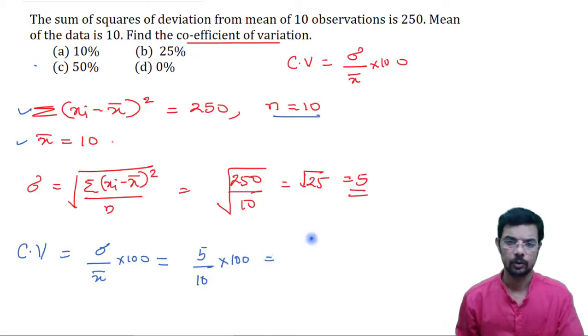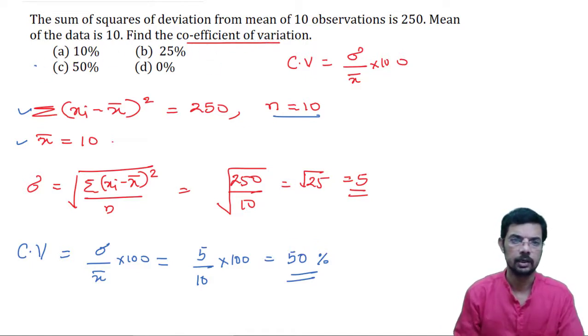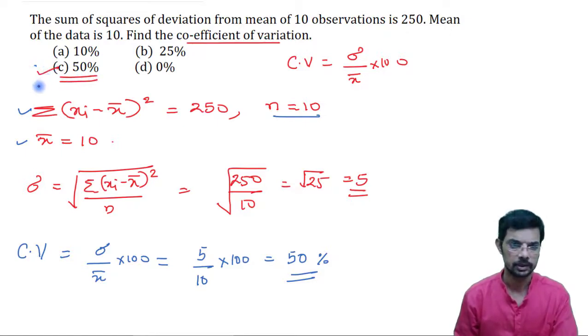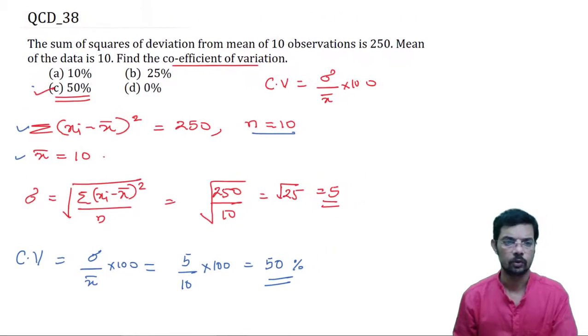So that will be equal to 50%. The coefficient of variation is 50%. Now option C is your answer. Now we shall move on to the next question.